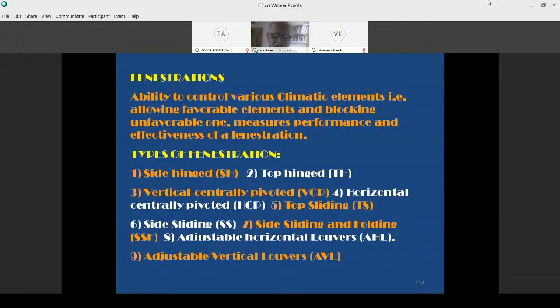The type of window that provides this type of control must be considered as most suitable. So what we can do, friends, after studying and analyzing the role and performance of different types of windows, is say or recommend which is most suitable, second most suitable, and make a hierarchical order.